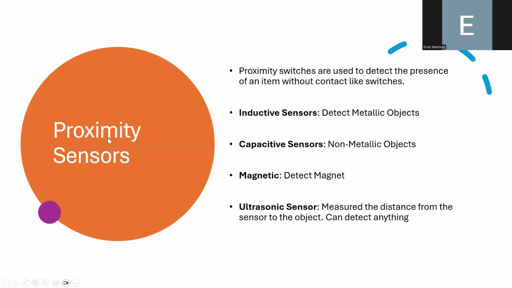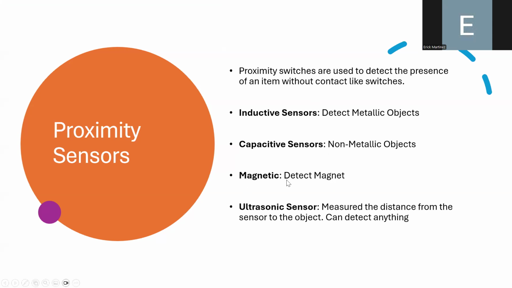For instance, regarding proximity sensors, we can have inductive, capacitive, magnetic, ultrasonic sensors. In particular, inductive sensors can detect only metallic objects. Capacitive sensors can detect any type of material, not only non-metallic objects. They can detect metals, they can detect any type of material, okay?